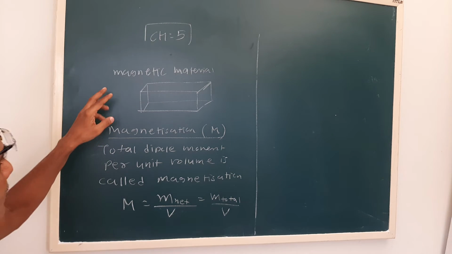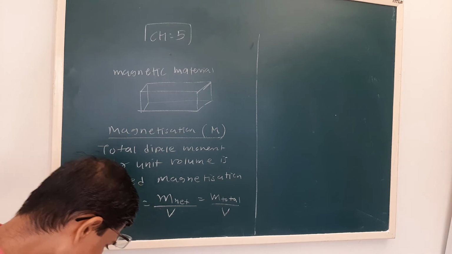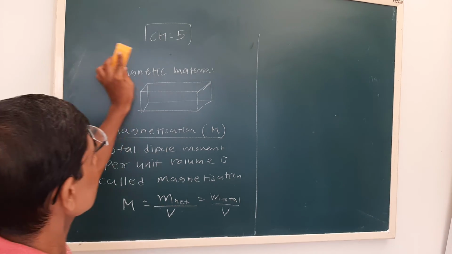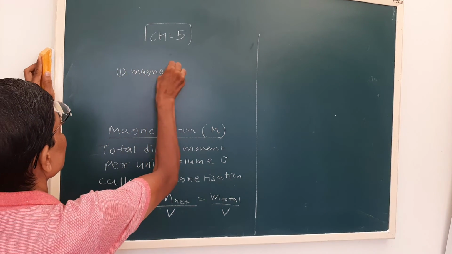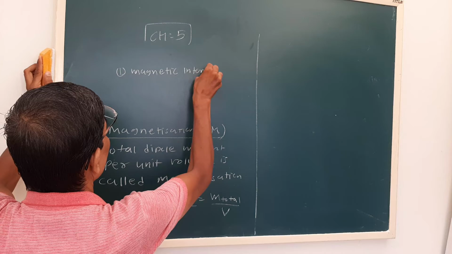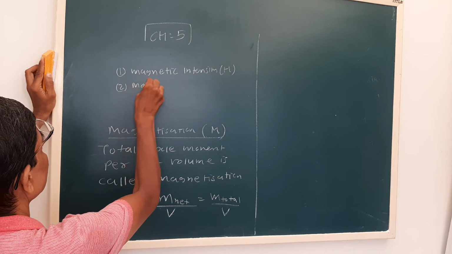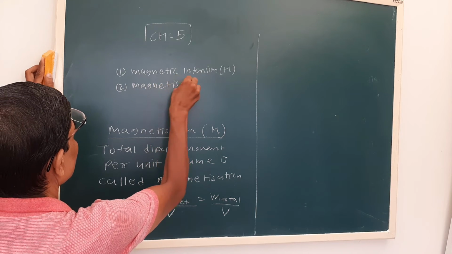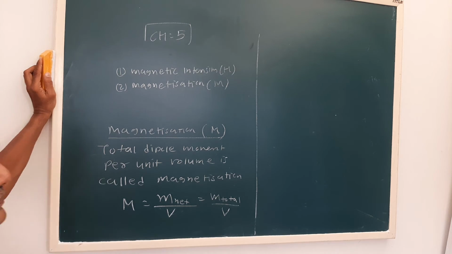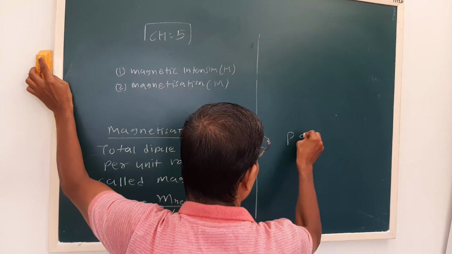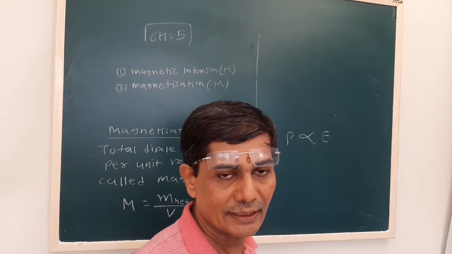When we talk of magnetic material, we have to study the magnetic intensity, H. In the second lesson we derived the relation P equals chi times E, where P is the dipole moment and E is the electric field.